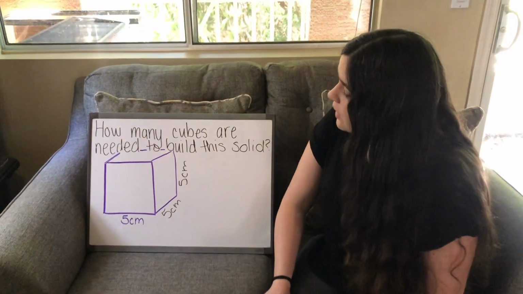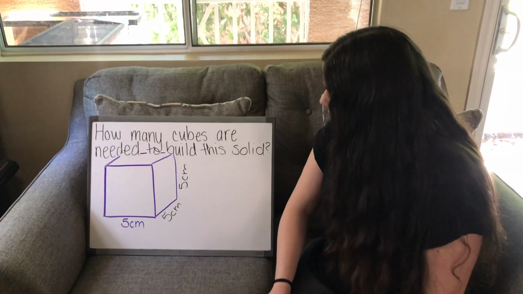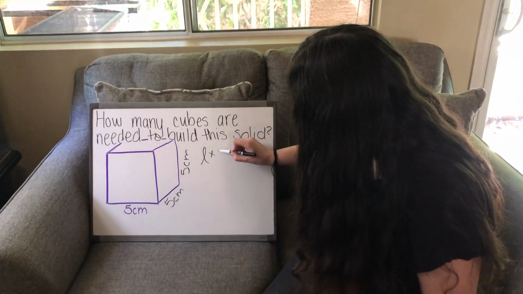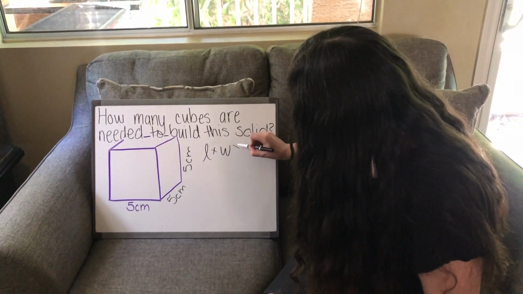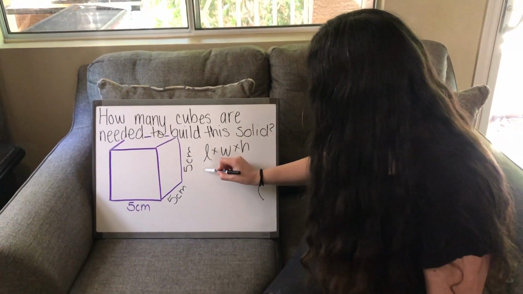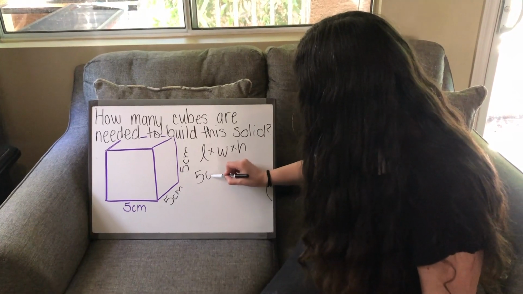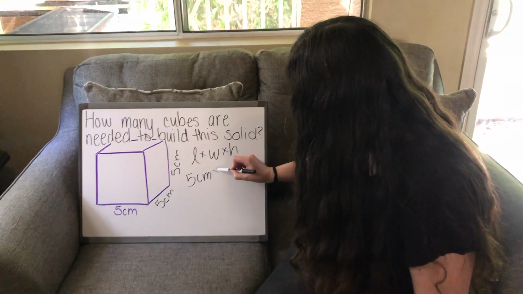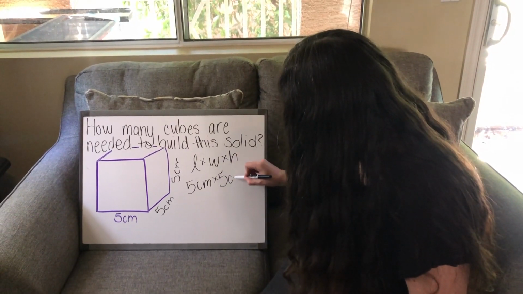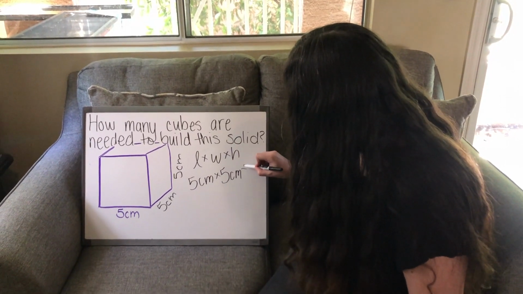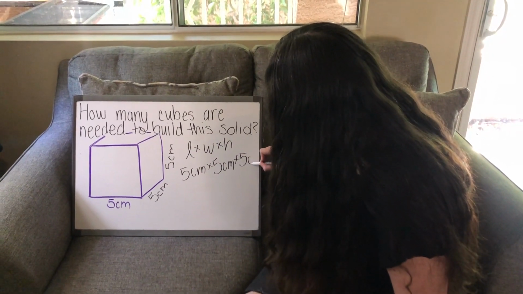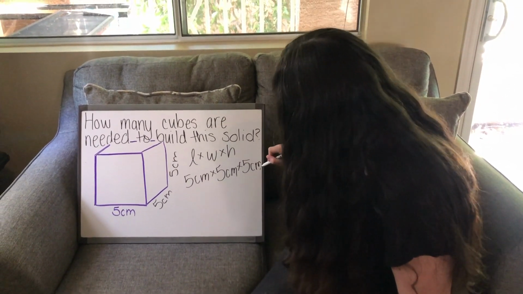To find the volume of this cube, we are going to need to multiply our length times width times height. Our length is 5 centimeters multiplied by our width of 5 centimeters multiplied by our height, which is also 5 centimeters.